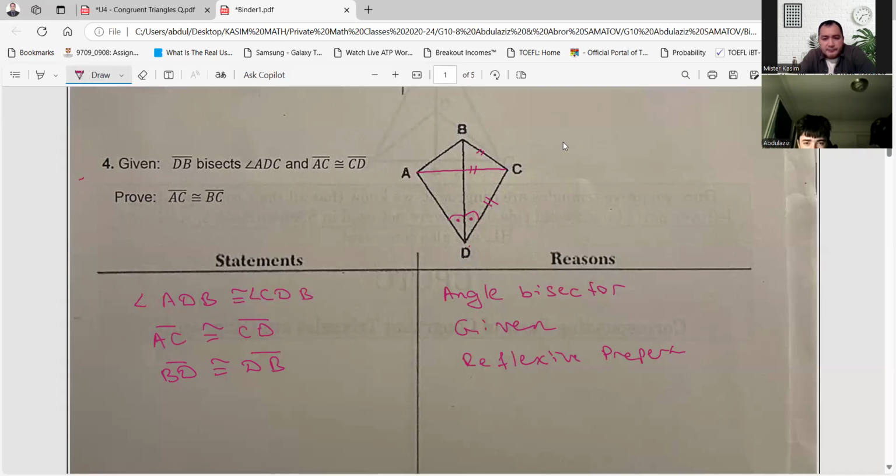I think side AB is congruent to side CB. Here ADB is congruent to DCB, right? Because this angle, side.